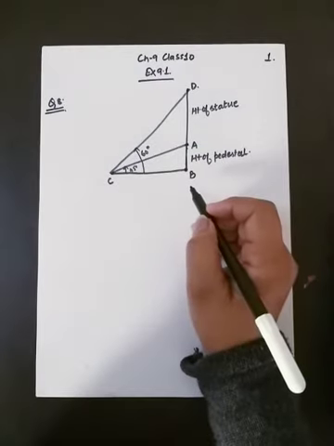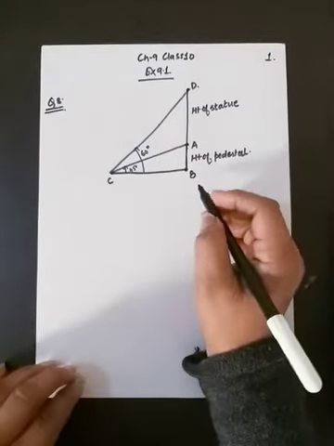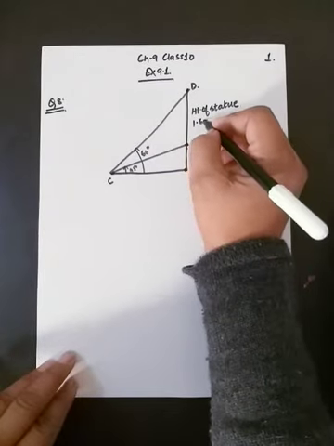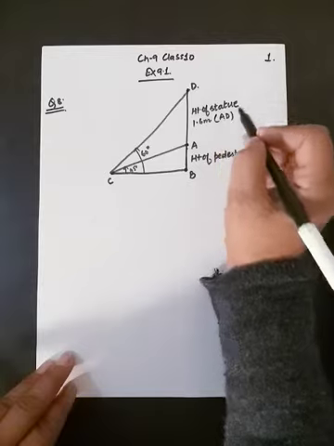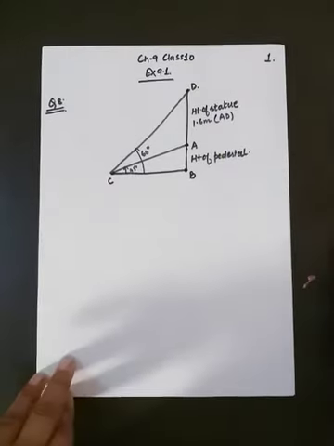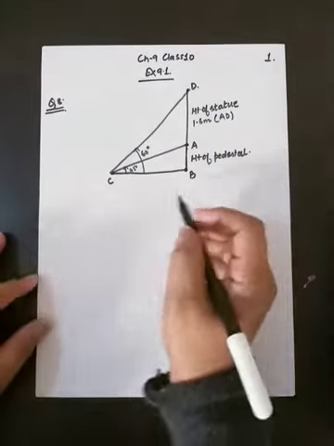And in this question, the height of the statue is given as 1.6 meter, meaning AD is given, and we have to find the height of the pedestal. We have to find AB.